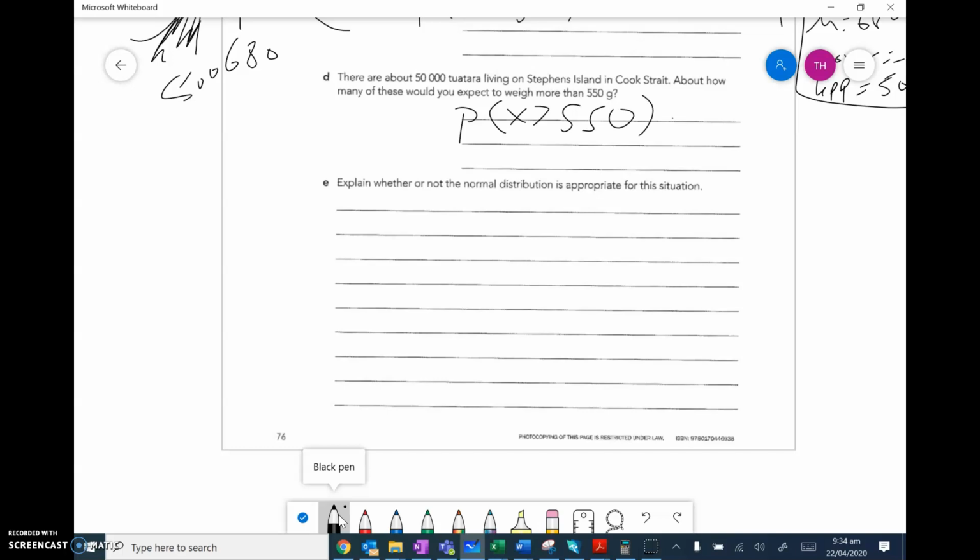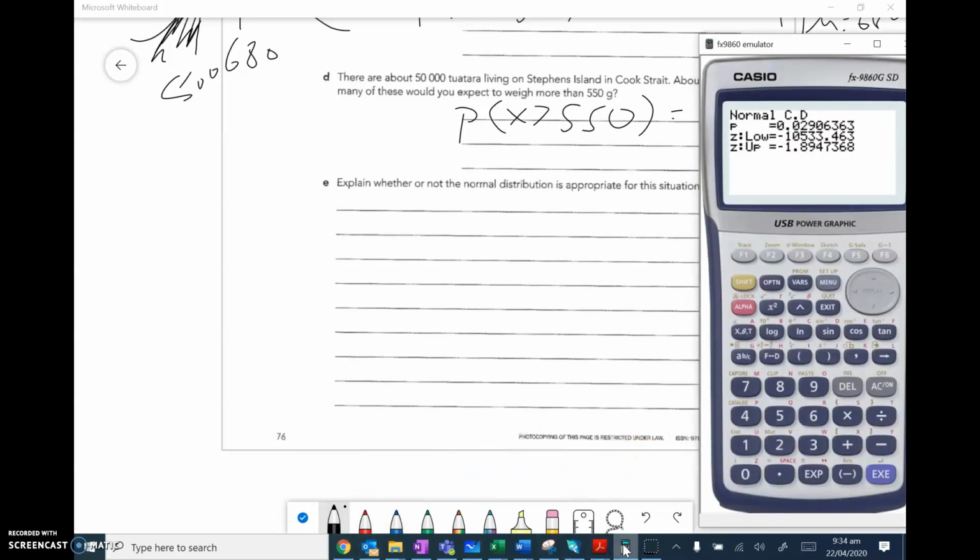So in my calculator, I'm saying it's greater than 550, so my lower is going to be 550 this time, and my upper is going to be a big number, so 999. Mean and standard deviation are the same, so the probability is 0.97.